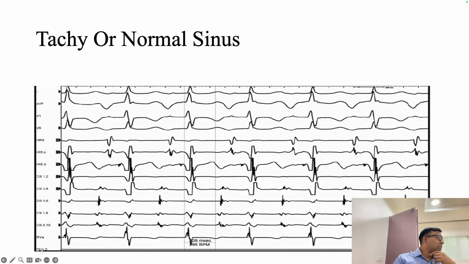What does it mean? The posterior part of the heart is being activated, not the superior part. So sinus means this should march first, and after that the rest of the things. If at any time you get this A signal first in the HRA, until proved otherwise, it is atrial tachycardia. Anything can be possible, but at least atrial tachycardia you should think about.